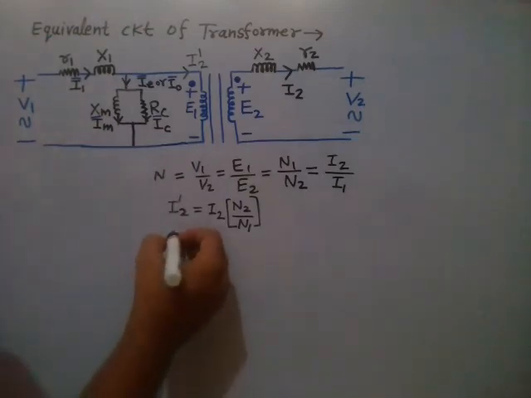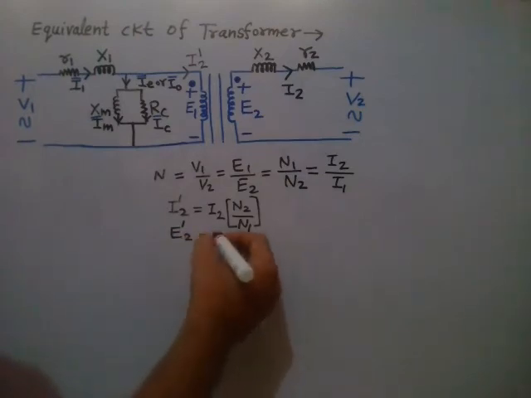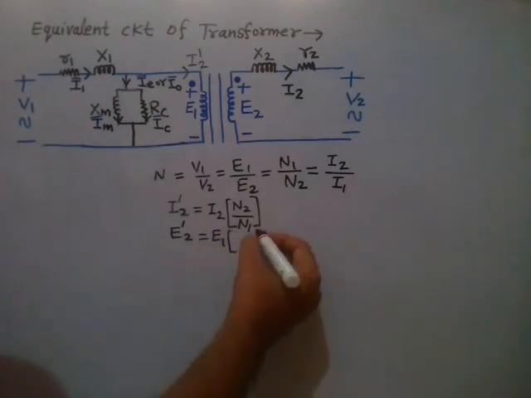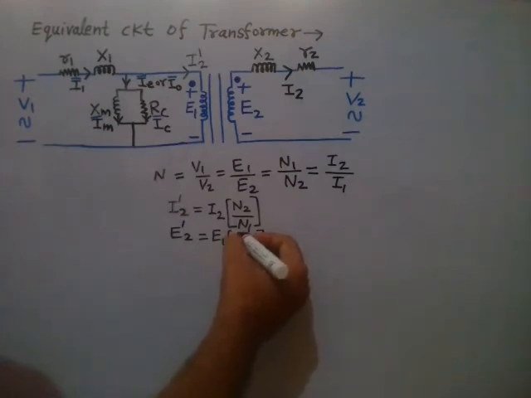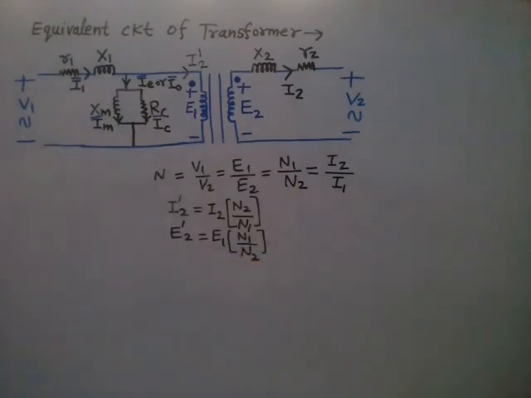Similarly, if you refer the secondary side induced EMF on the primary side, then you will write E2 dash is equal to E2, and here in bracket you will write N1 divided by N2, right? So like this you will refer the secondary side quantity to the primary side.